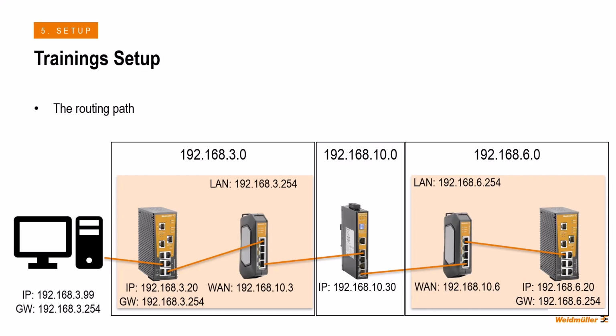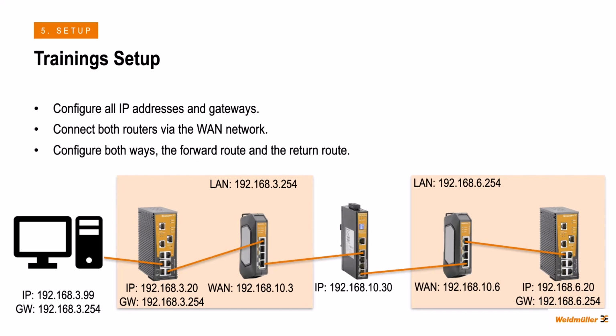Both routes are required. If only one route is configured, devices can send traffic in one direction, but responses cannot find their way back. After the forward route and return route have been configured successfully, devices in both networks can communicate with each other through the routers.